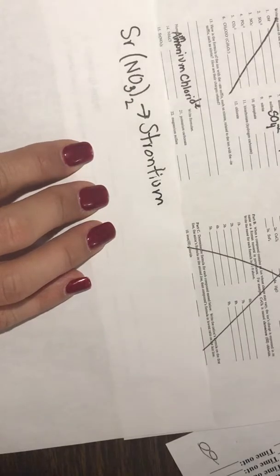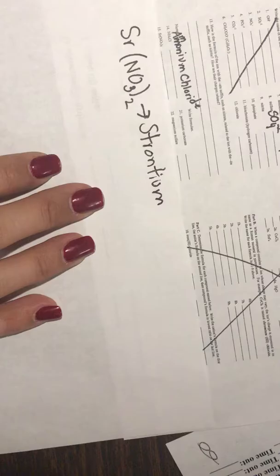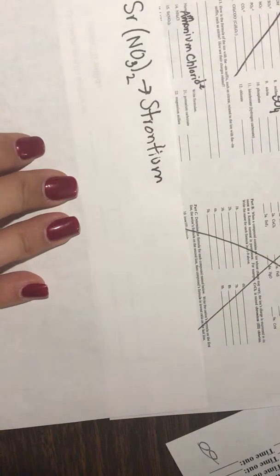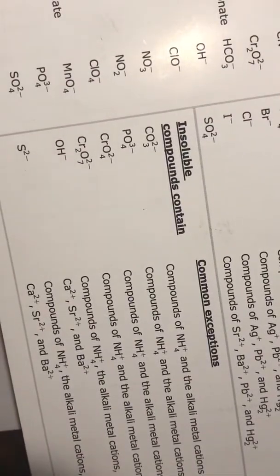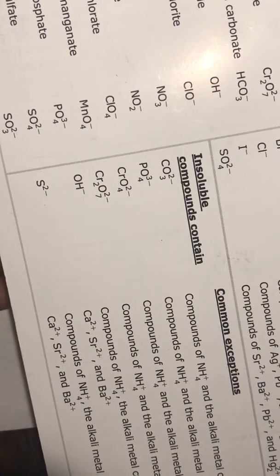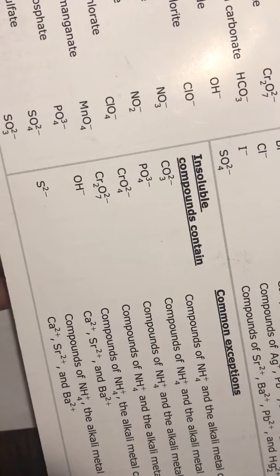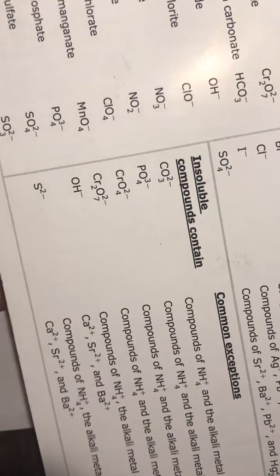Strontium. And NO3 with the 2 is on the polyatomic chart, down there at the bottom. NO3 is going to be nitrate.